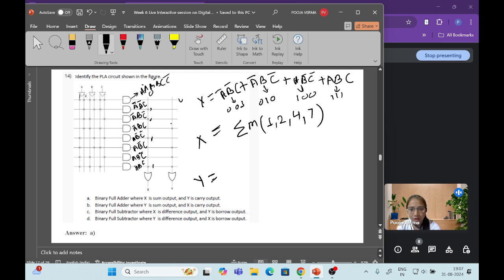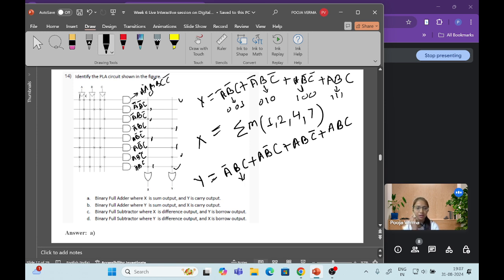So for Y, we can write it as A dash B C, because here it is first, then next one is A B dash C, right? Plus A B C dash for the last one. It is A B C.